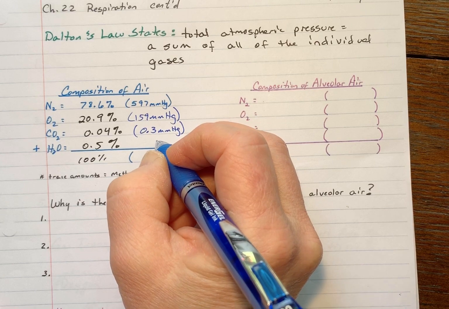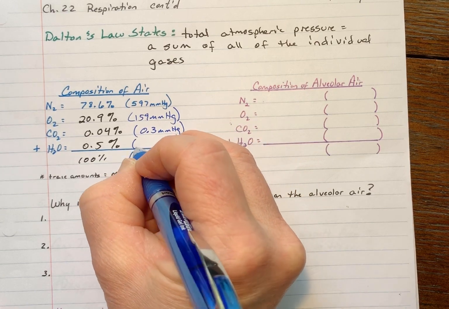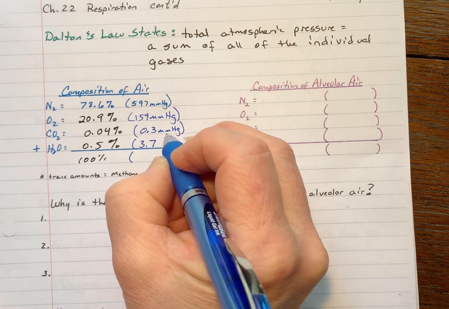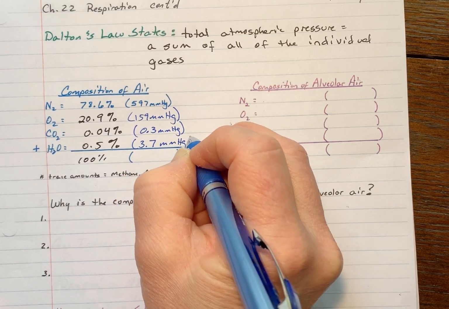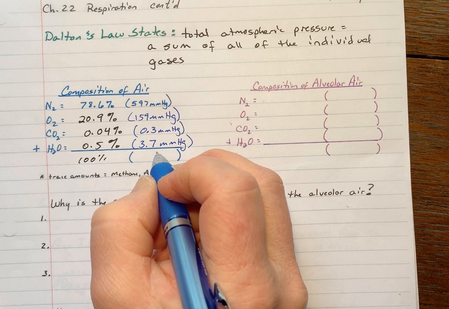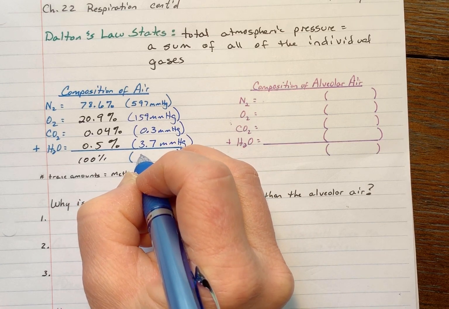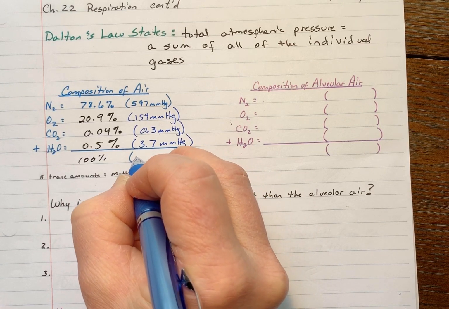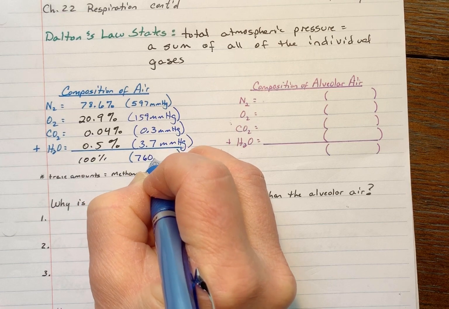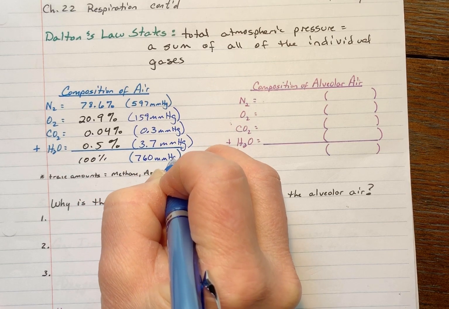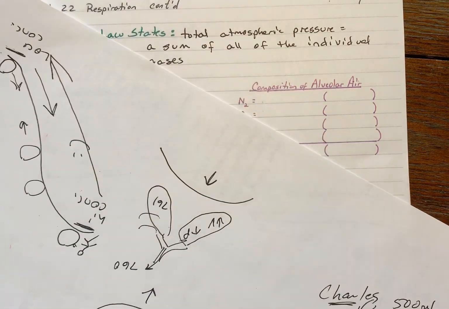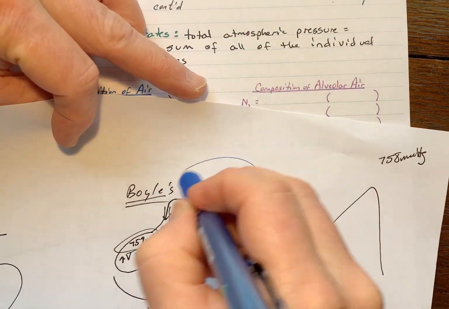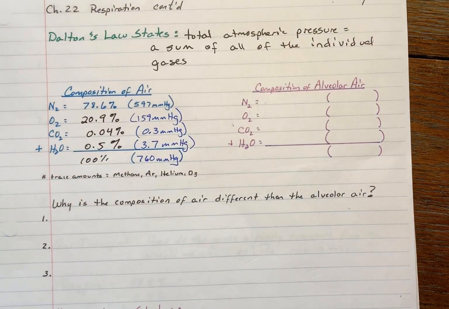And on a relatively cool, dry day, the water vapor would be 3.7 millimeters of mercury. If you add these up, guess what we get? We get 760 millimeters of mercury, okay? Remember, at sea level, that's what it was, 760.